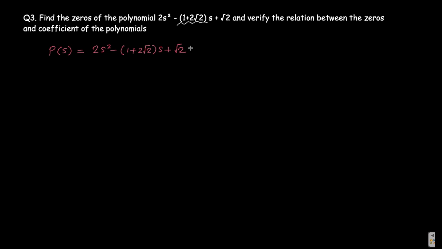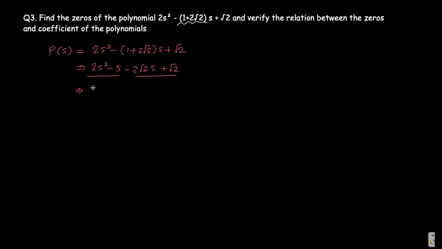Now we have to simplify it. It is a very simple method, don't worry, just multiply it. So 2s square minus 1 into s plus minus 2 root 2 into s, 2 root 2s, plus root 2. Now take common, it is ready made, it is factorized.